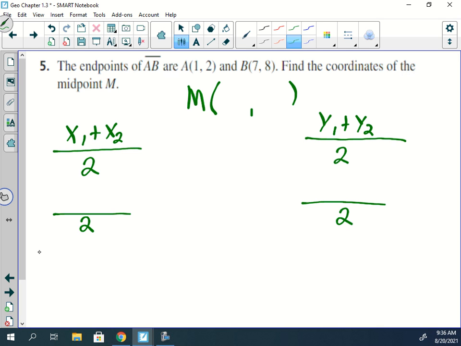So what are our two X values for these points? 1 and 7, because those are the two X values of the M points. And the Y values are 2 and 8.